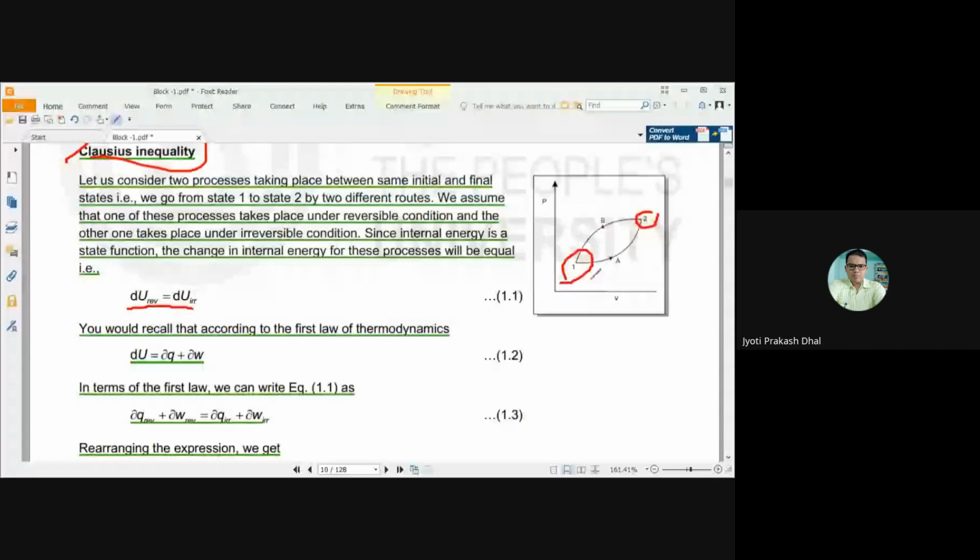Its magnitude during the reversible process is greater than during the irreversible process. That is a general principle: work done in the reversible process is always greater than work done in the irreversible process.